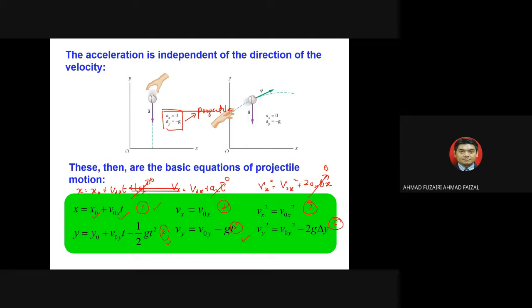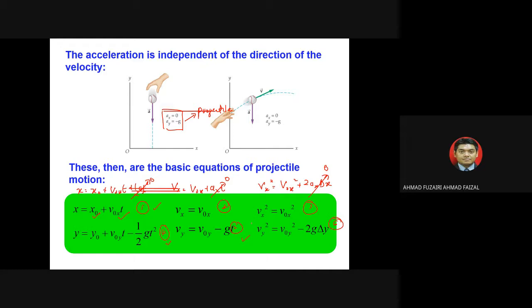But 1, 4, 5 are the most used equations in projectile motion. So we will use equations 1, 4, and 5 a lot, compared to number 2, number 3, and number 6. But you cannot skip them, at least you must know.